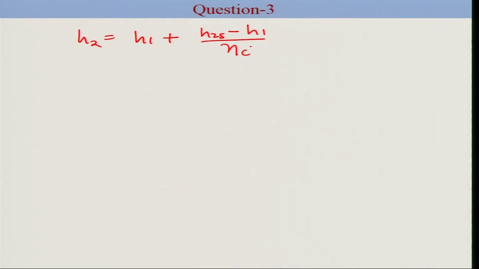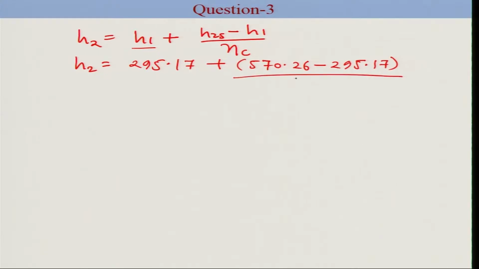Compressor efficiency is given in the question. So, from here we get H2 equal to H1, which we have already calculated, 295.17 plus 570.26 minus 295.17 upon 0.83. Okay. So, this gives 626.6 kilojoule per kg.